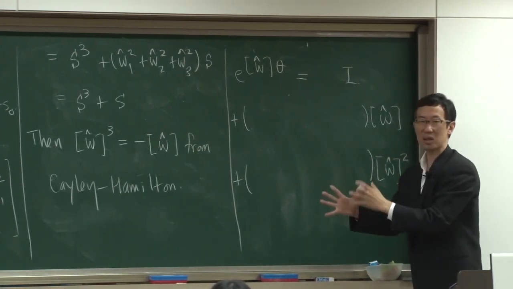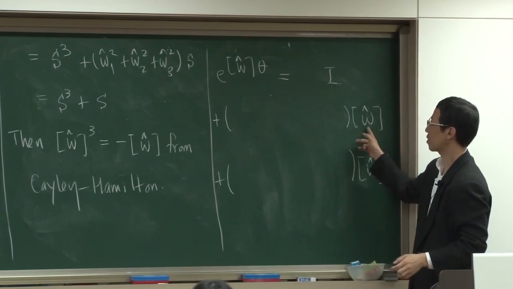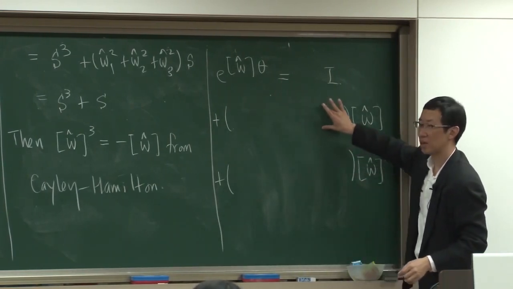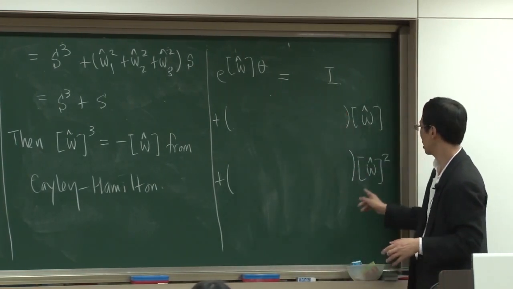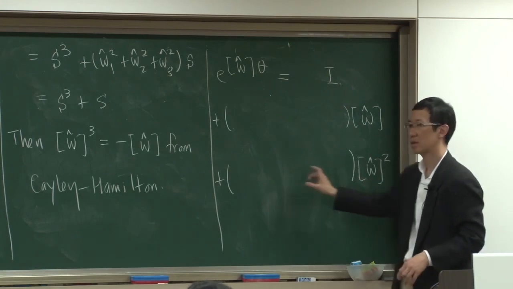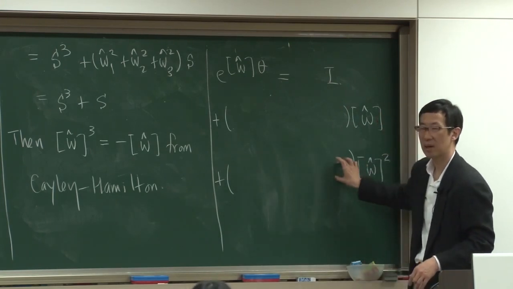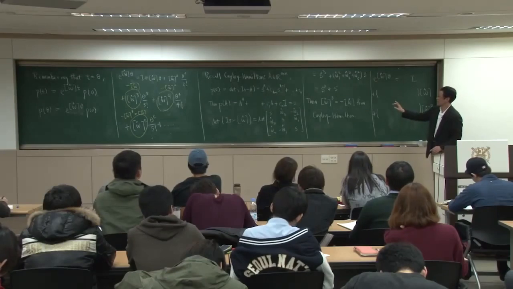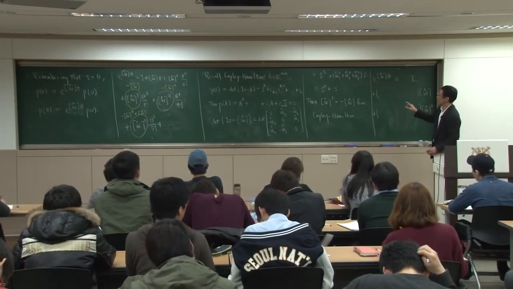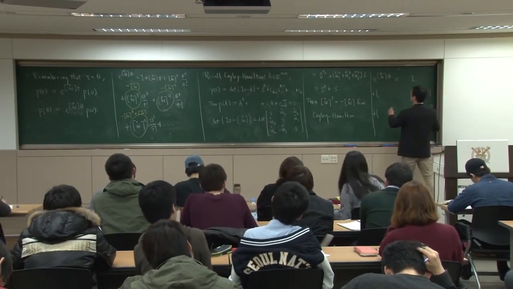So collect all the terms for omega, put them in here as the scalar coefficients, collect all the terms for omega squared, add them up and put them in here. So what we'll get is we have a theta here.